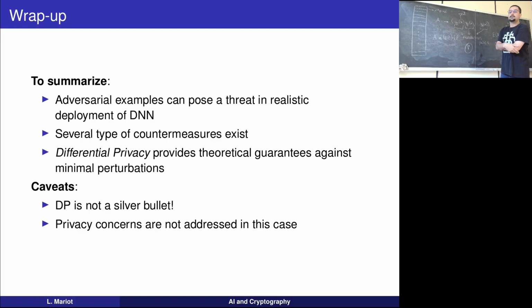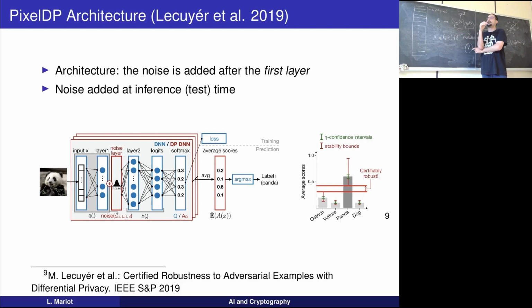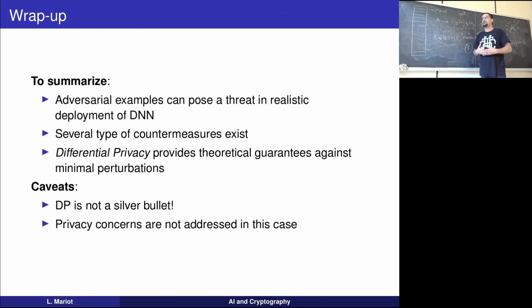Moreover, there is a misunderstanding, usually also in the literature, that differential privacy as used in this architecture, from the paper by Lecuyer and others, can also be used to address privacy problems inside machine learning. This is actually not the case, because here it is used only for a security issue, not for a privacy issue. We will see tomorrow how we can use something else.